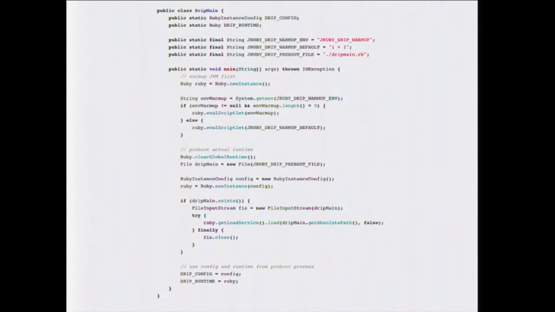Recall that Drip allows you to execute extra code when you pre-boot the JVM. In order to take advantage of that, JRuby will give you some of that code built in.